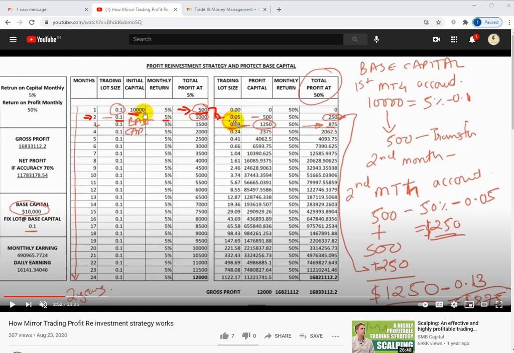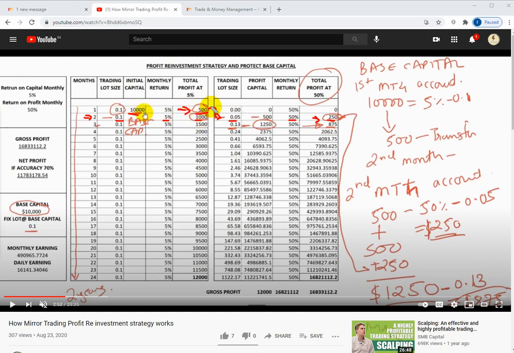In the second MT4 account we will trade with 0.05 lot size with 50% return. So at the end of the second month the profit on the second MT4 account is going to be $250, while in the first MT4 account the total profit is going to be $1,000.